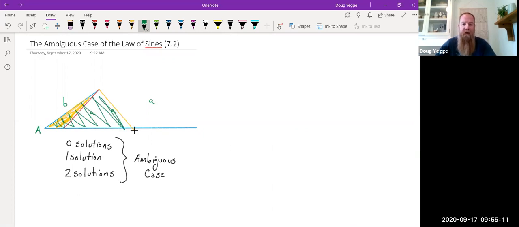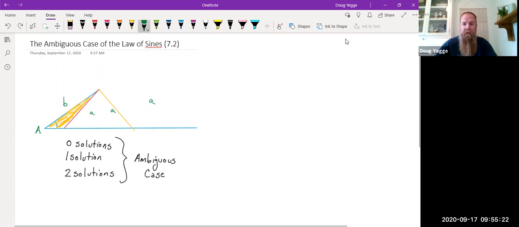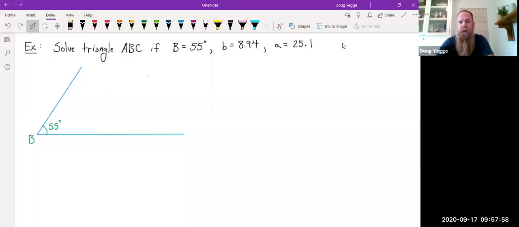So in this situation where we're given two sides and the opposite angle of one of them, this is referred to as the ambiguous case, and we're going to see how to deal with that when the time comes. Now we know that we have the situation side-side-angle if we're ever given an angle here with its opposite side, and then some other random side is given.